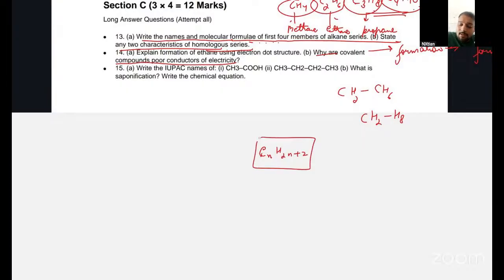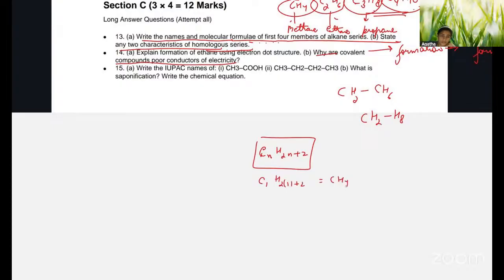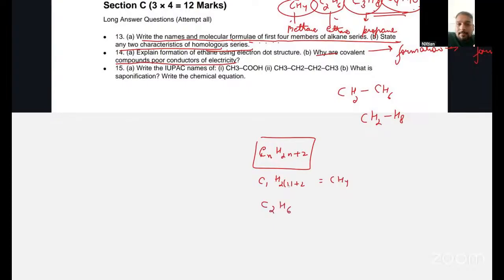Then you write C1 H2 into 1 plus 2. It will become CH4. Then C2H6, then C3H8, then C4H10. Now the first member is methane, then ethane, then propane, and then butane.